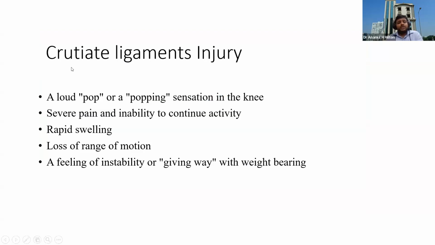So the cruciate ligament. Sometimes with cruciate ligament there is severe pain and instability, and if there is an injury, there is rapid swelling. If there is a history of any injury and within 1 to 2 hours there is a huge collection, let's consider whether there is any cruciate injury or not.